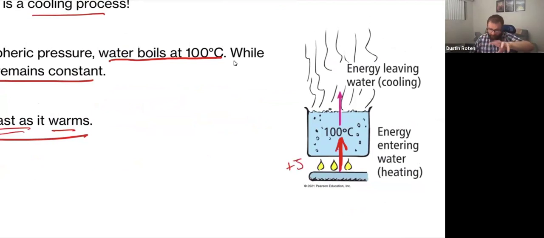We're keeping it at 100 degrees Celsius, but because the water's evaporating, we're also losing energy up here. So as soon as water starts boiling, and it's important to note that this is boiling water, because you can keep heating up water from 5 degrees Celsius up to 100 degrees Celsius. But as soon as it gets to this point, it's going to stay at 100 degrees Celsius until it all turns to steam.